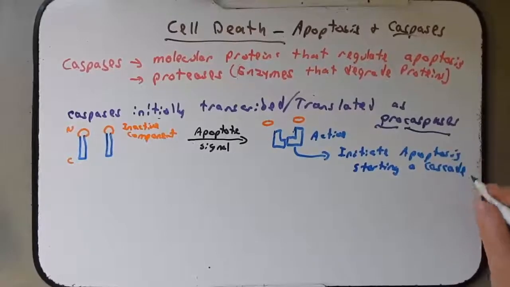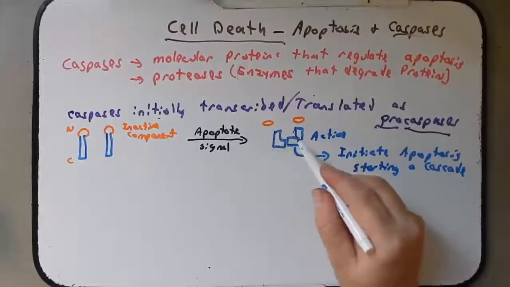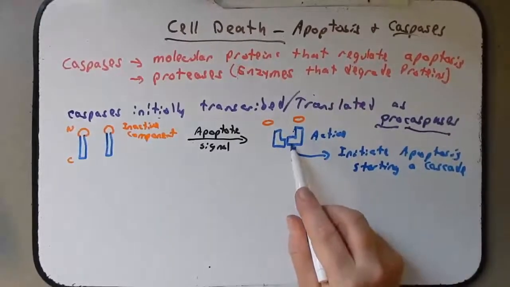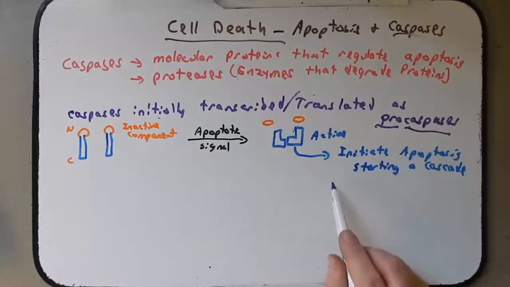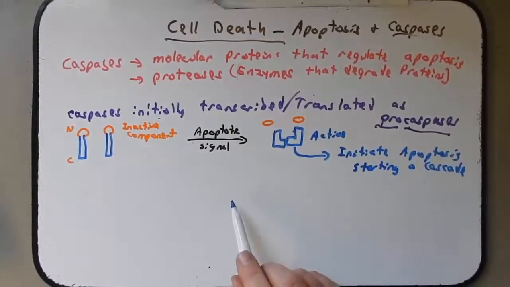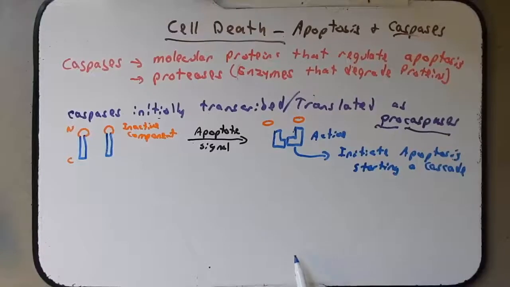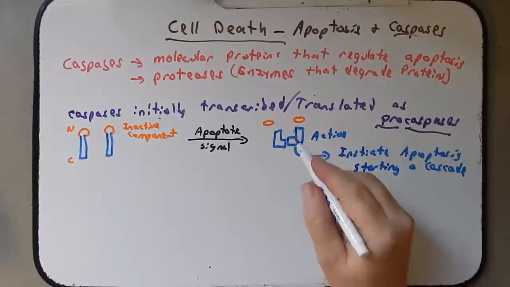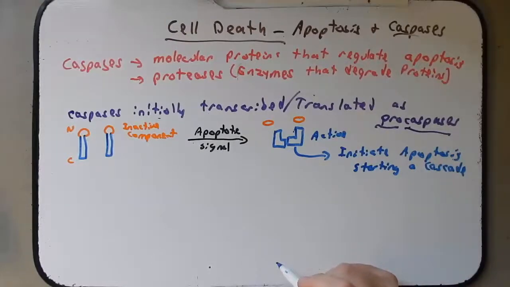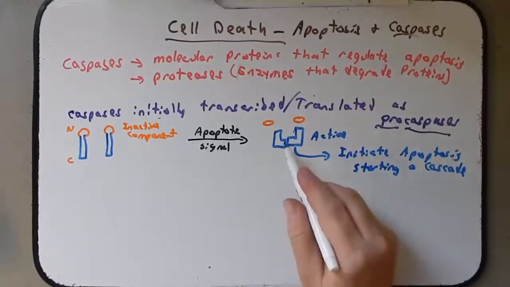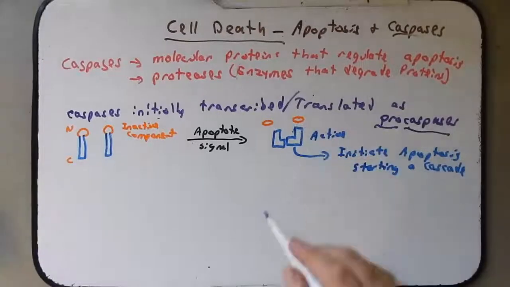And when we use the word cascade, what we mean is that this active caspase will activate other caspases. Those caspases will activate even more caspases, and so on. Cascades are usually one directional, just like the case of this caspase cascade. Once it's activated, it doesn't go backwards.